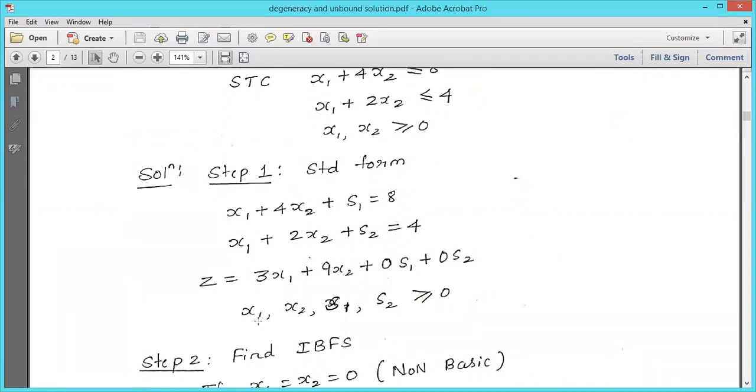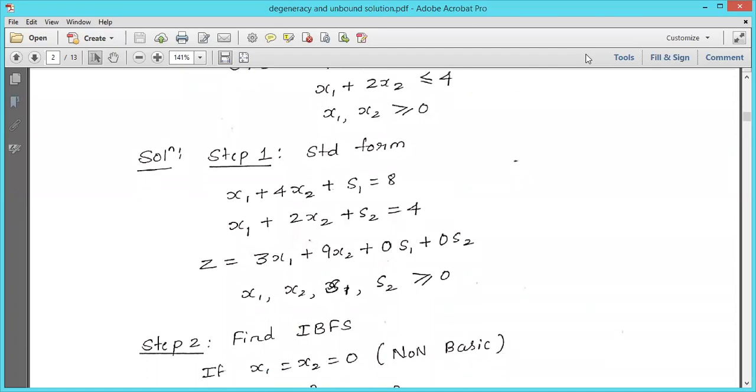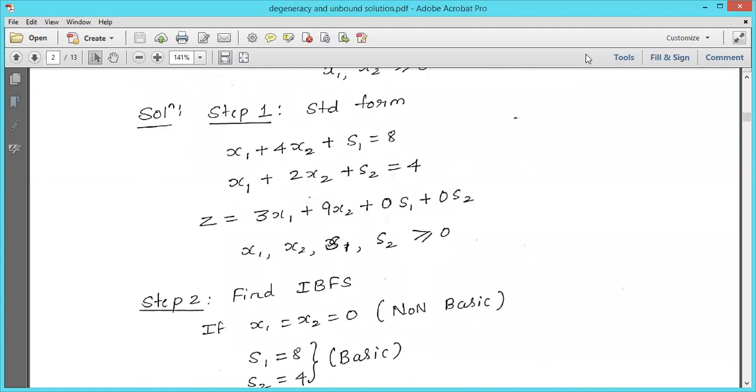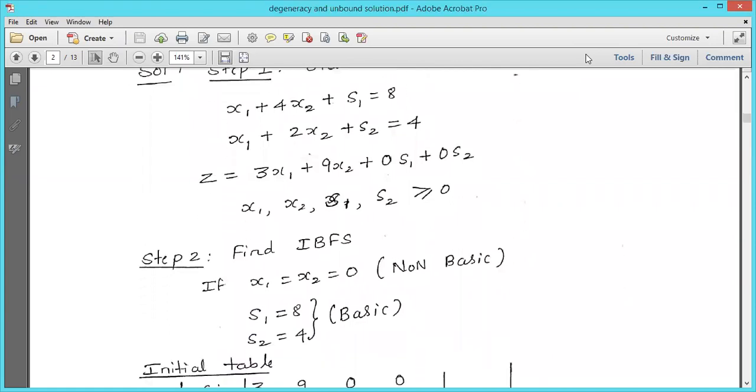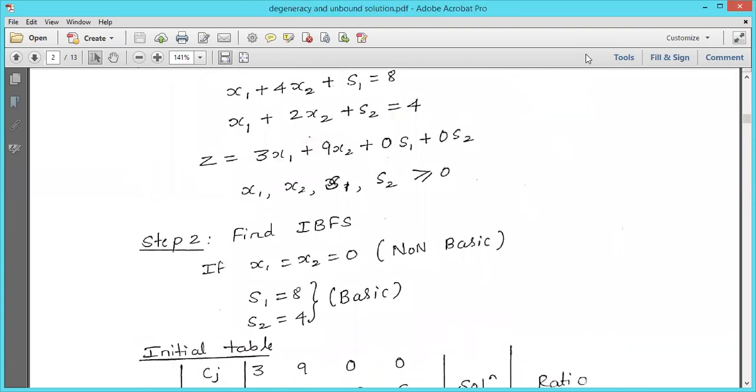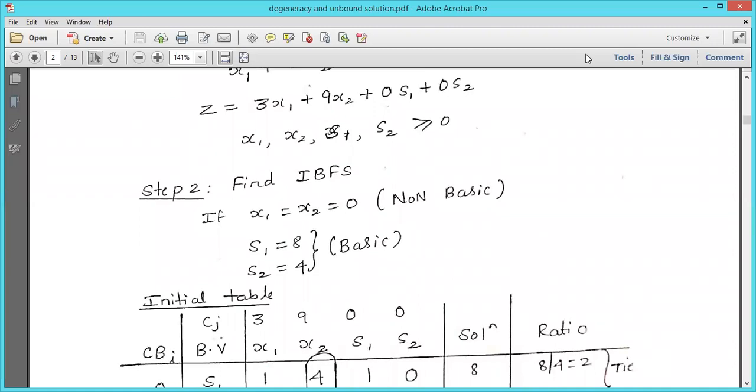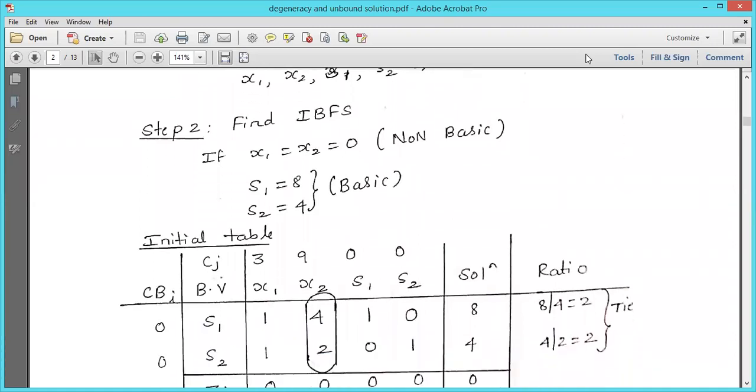The next step is to find the initial basic feasible solution. Here s1 and s2 are the basic variables, and x1 and x2 are the non-basic variables. If the value of x1 and x2 is 0, we have s1 equal to 8, and s2 equal to 4. The next step is the initial table.